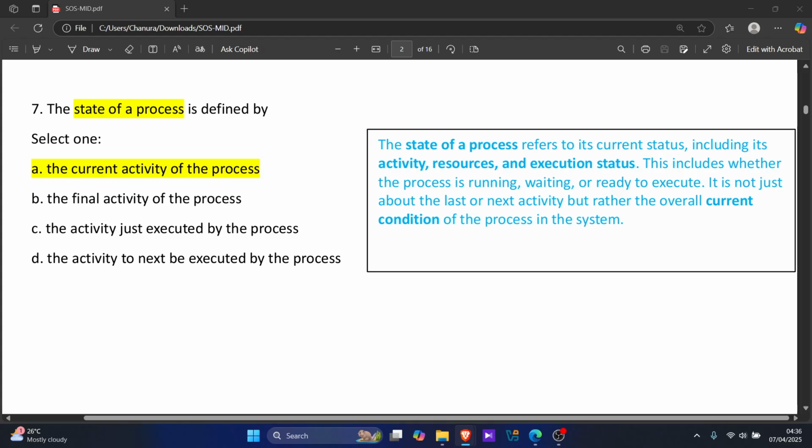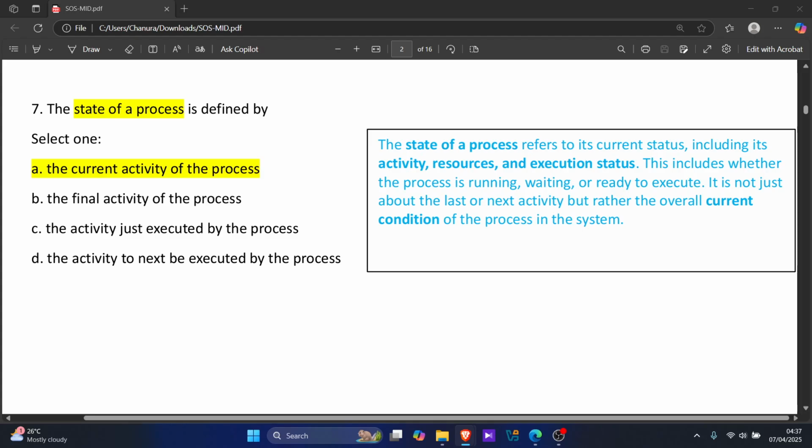Option B, the final activity of the process. The final activity would be when the process is ending or terminated. But the state isn't just about the end, it's about the entire life cycle. So maybe not B. Option C, the activity just executed by the process.